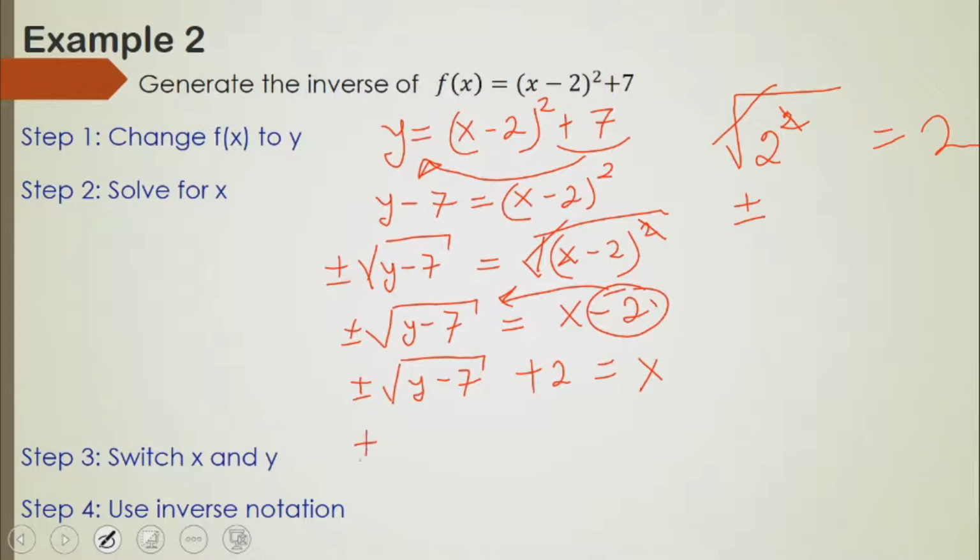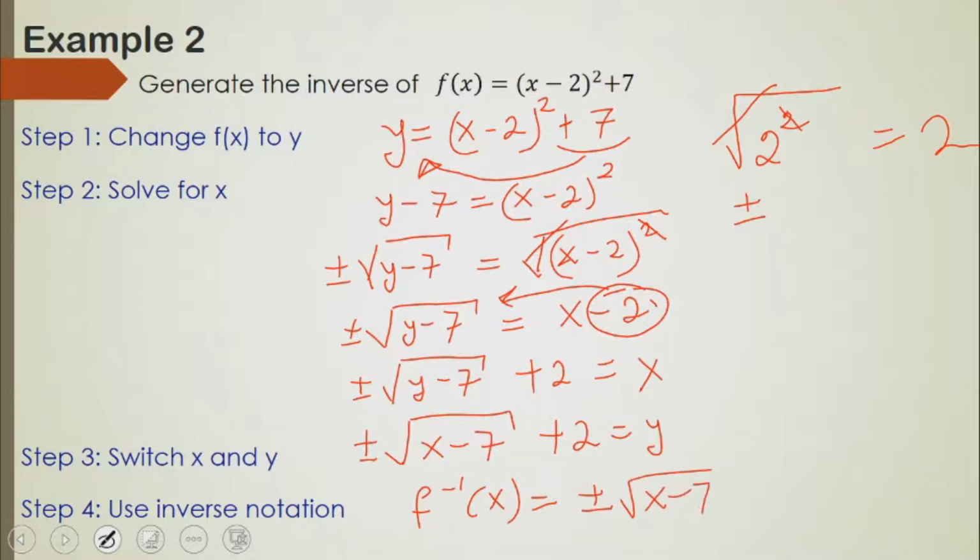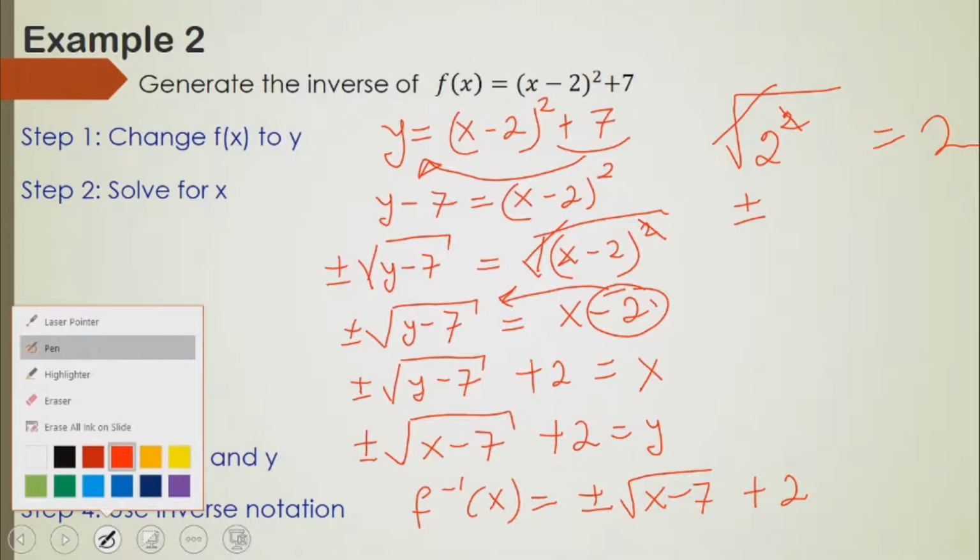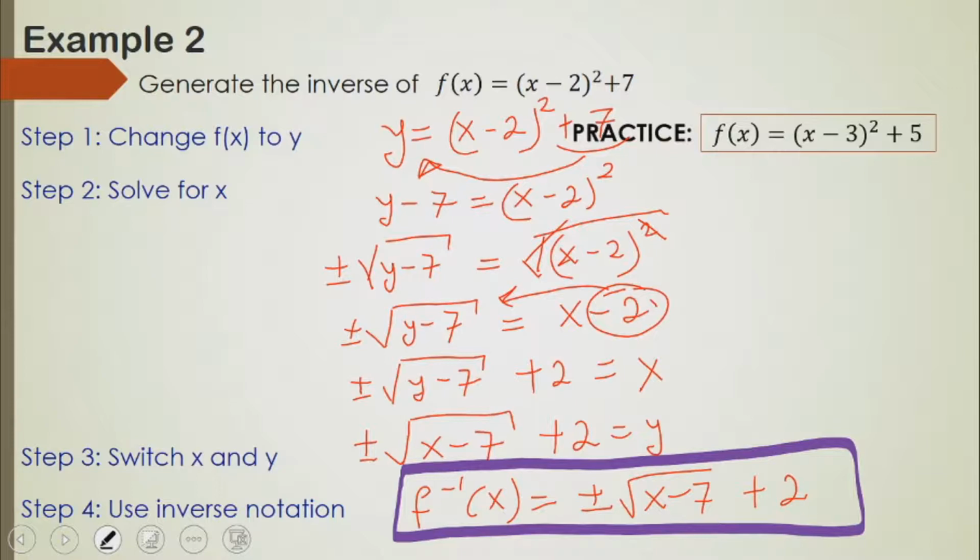So this becomes plus or minus square root of x minus 7 plus 2 equals y. Our inverse will now be plus or minus square root of x minus 7 plus 2. So that means this particular function has two inverses. So I want you to practice using this question on generating the inverse of a quadratic function.